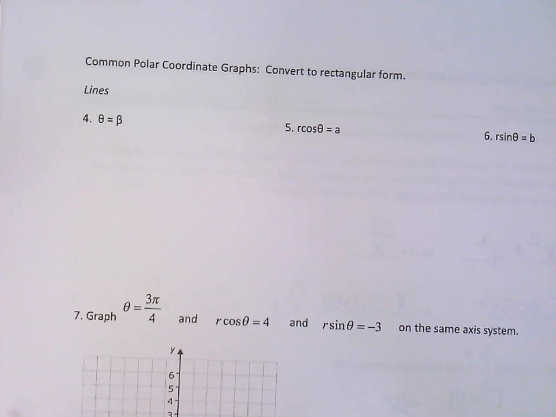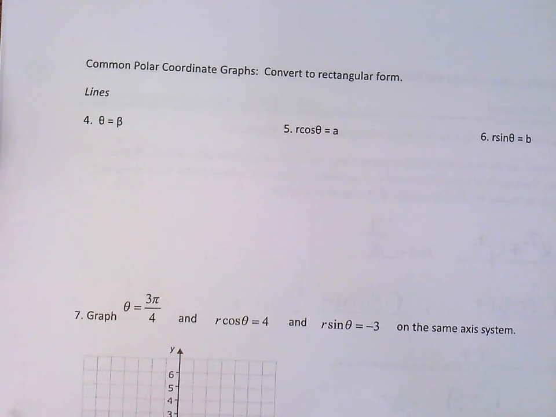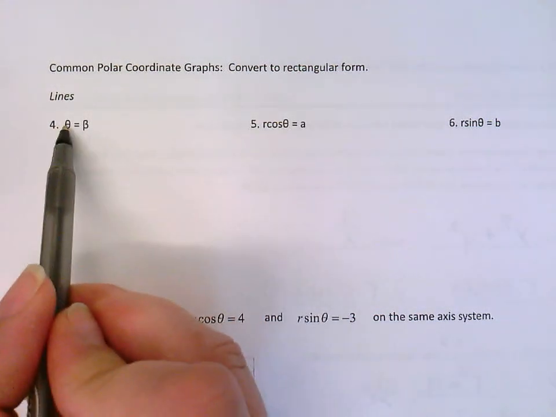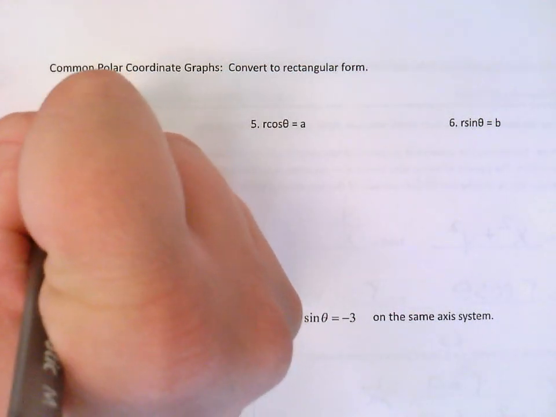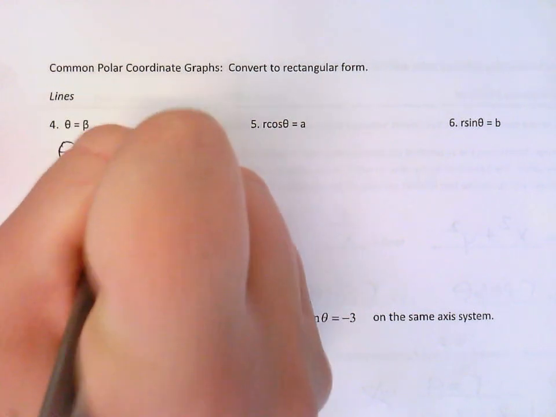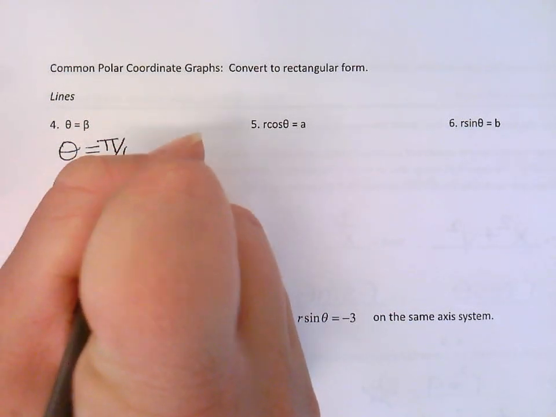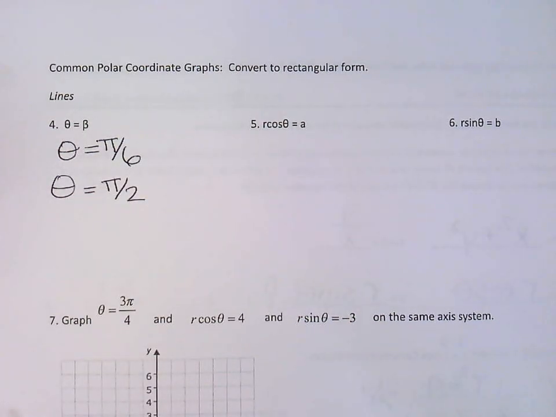That is beta. So when you're talking about angles, you can use some different Greek letters like theta, alpha, beta. So this first one, these are just common polar graphs that you might see. For example, if you see theta equals some angle, so for example, theta equals pi over 6, or theta equals pi over 2, all those are lines, right?